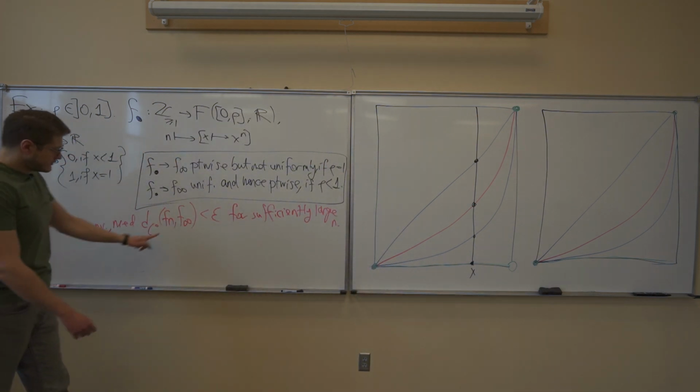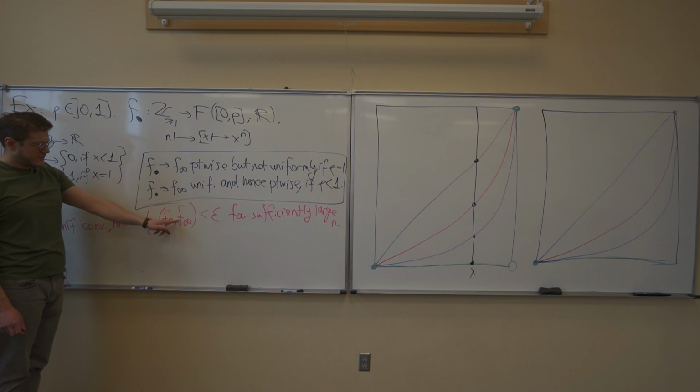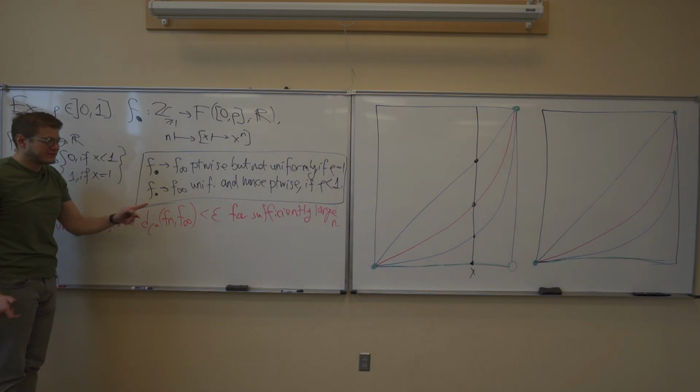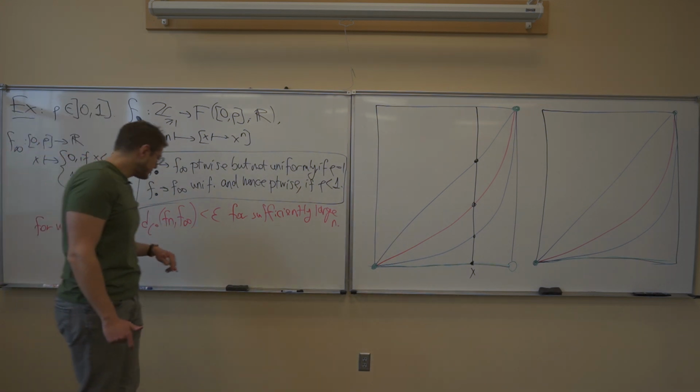Graphically speaking, what does this mean? I look at the graph of the target function. I always find the target function by looking at the pointwise limit, and then I look at whether or not it can be upgraded to uniform limits.